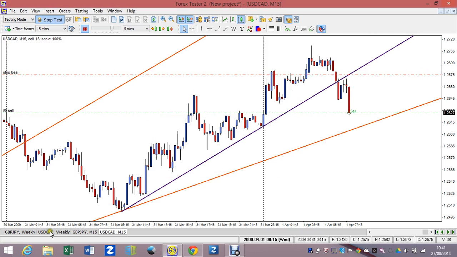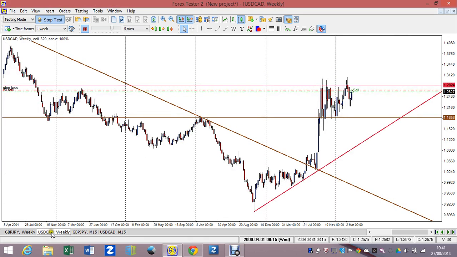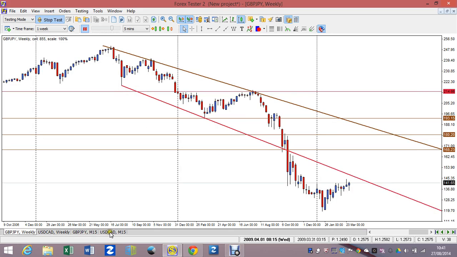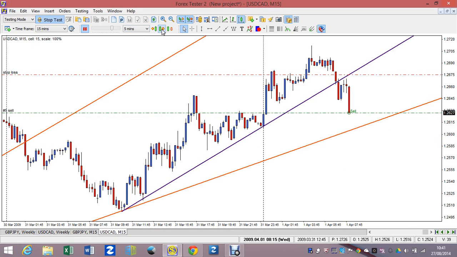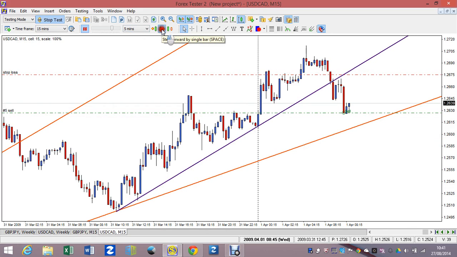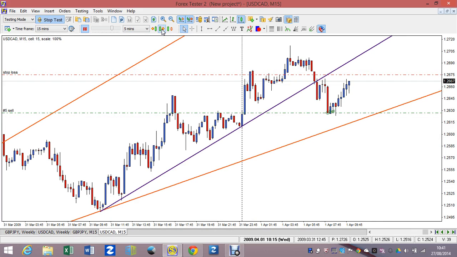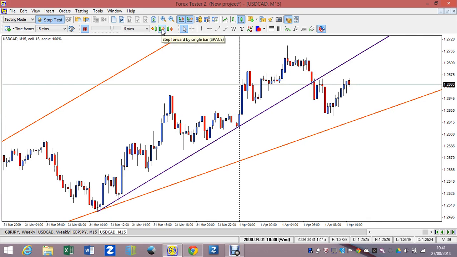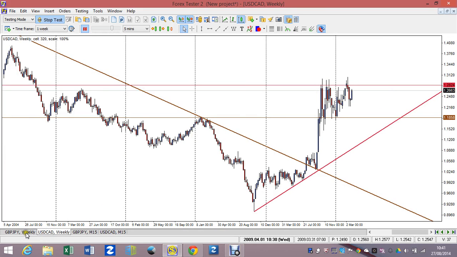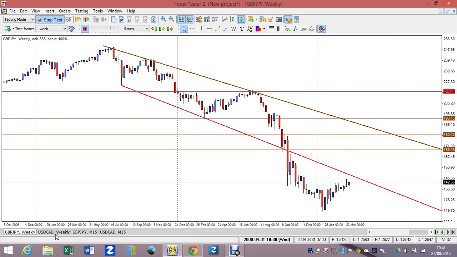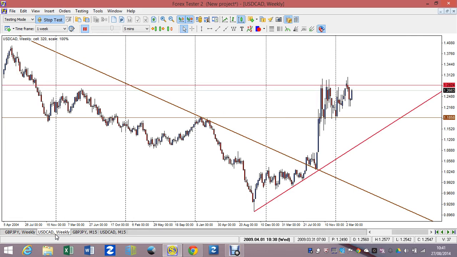Try it again. Probably be the last attempt on this particular setup for the time being anyway. And stopped out. Okay. Abandon that at the moment.